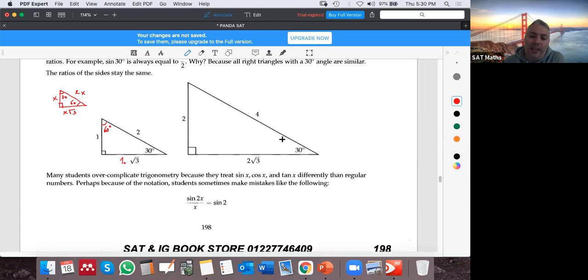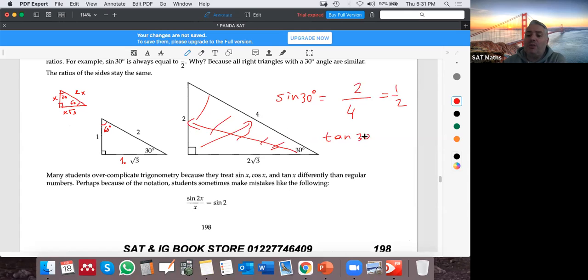Now, when I look at this triangle, what will be sine of 30 degrees? I think it's better to memorize that sine of 30 degrees is 1 over 2. But by looking at this figure, we can directly say sine of 30 is the opposite, which is 2, over the hypotenuse, which is 4. 2 over 4 is 1 over 2. What about tangent of 30 degrees?